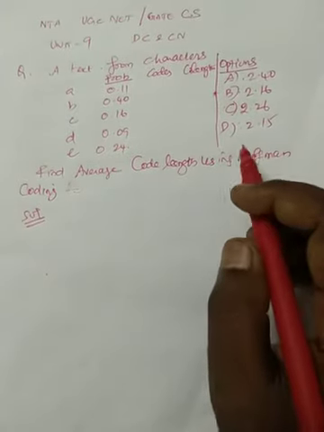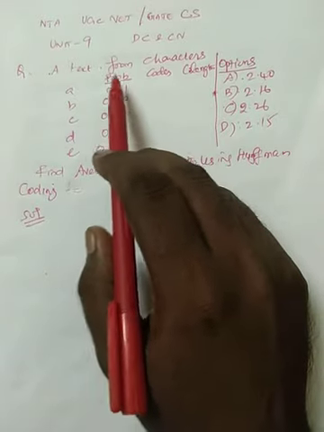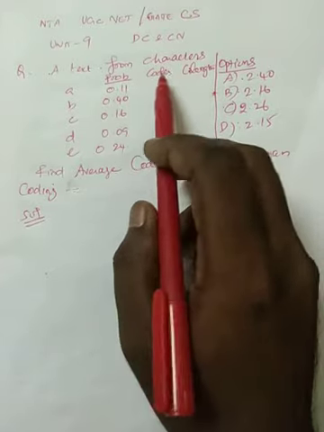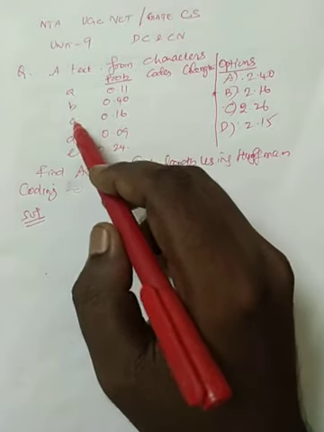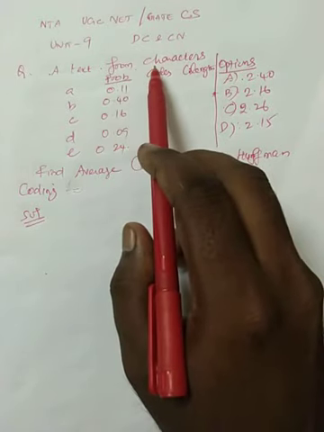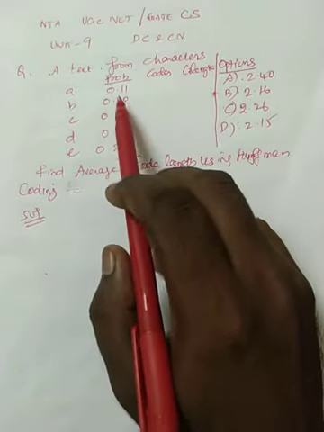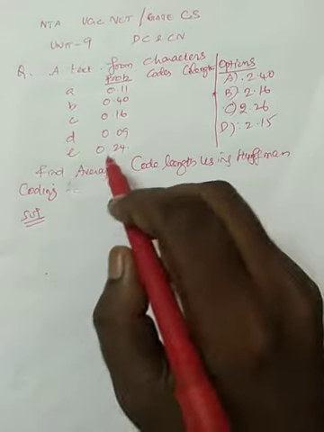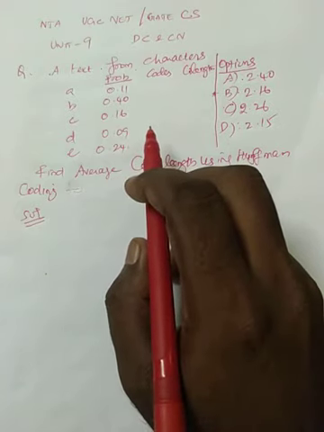So we have this problem statement. They want to send a text, which is a combination of some characters. Those characters are A, B, C, D, E, and they have given their probabilities. If any characters make up the text, this is the proportion of each letter we are sending, and the total probability equals 1.